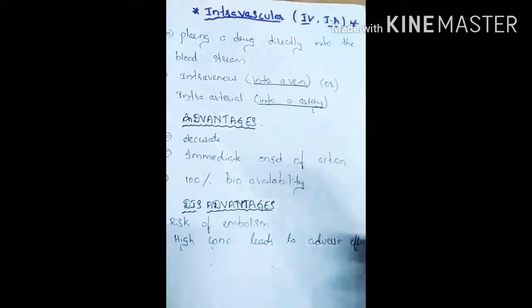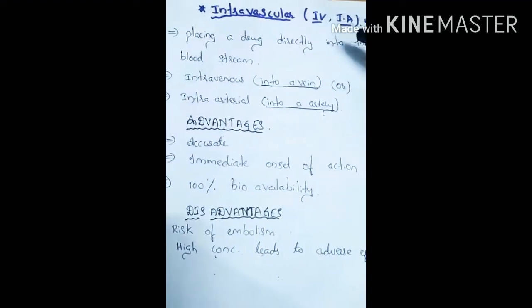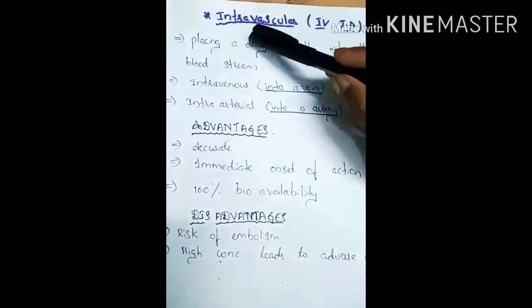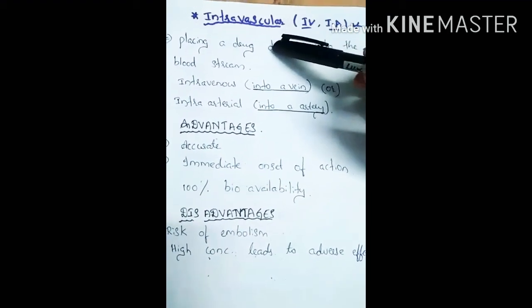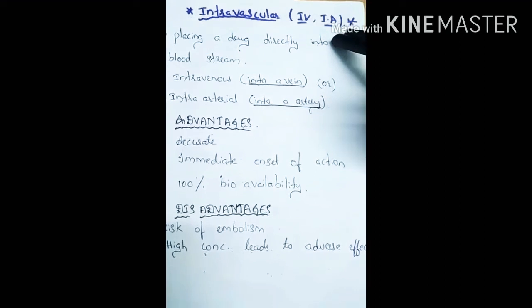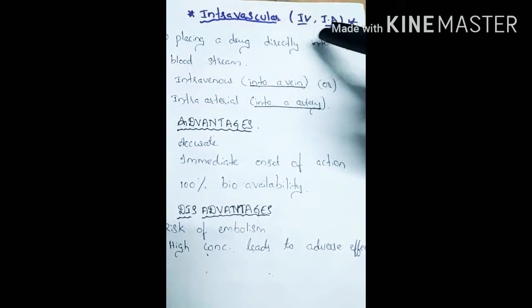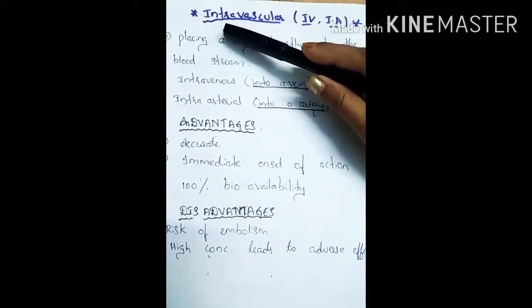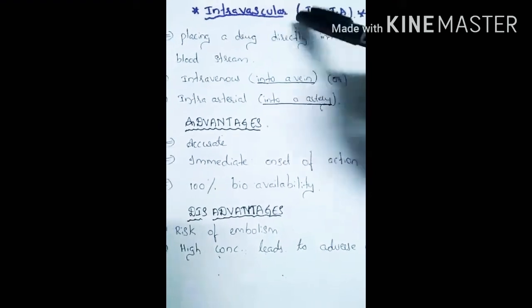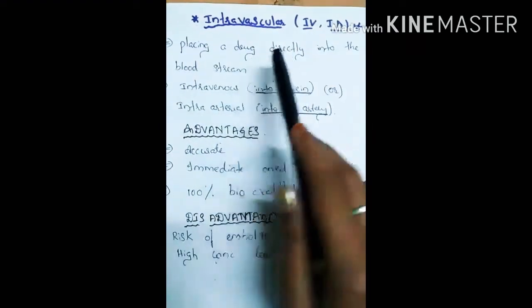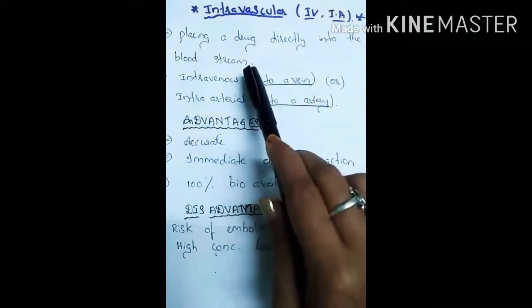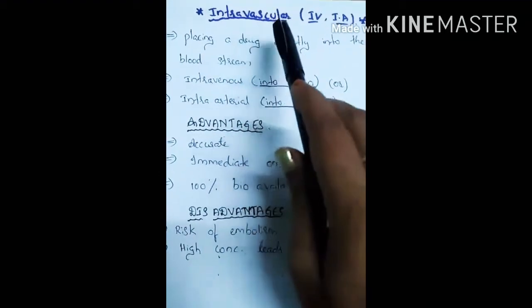Next, we learn about them one by one in depth. Here intravascular means IV and IA. We should know about the intravascular route. Placing a drug directly into the bloodstream is known as intravascular.